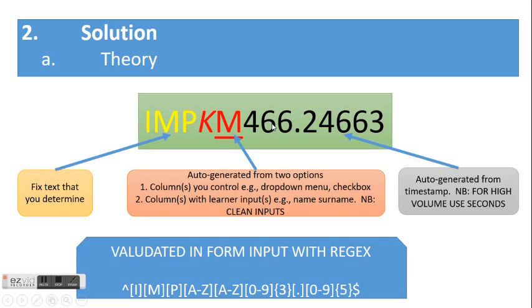Thereafter, follow this with the period in brackets, the period, and this is then concluded with any number 0 to 9 for 5 character spaces. 1, 2, 3, 4, 5.